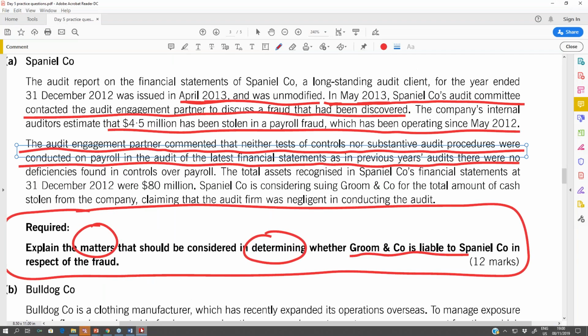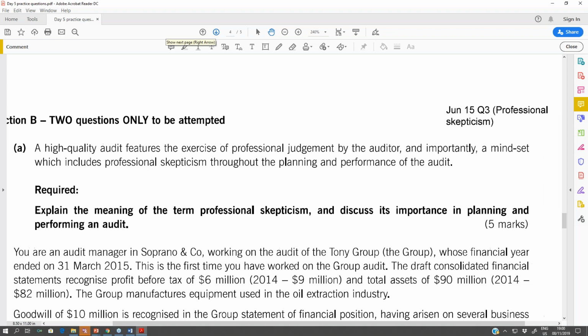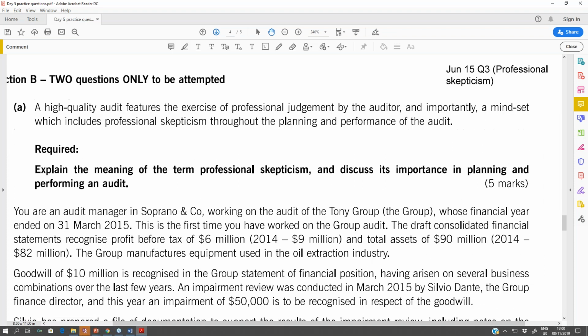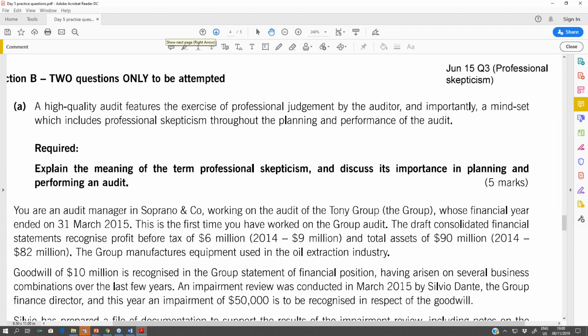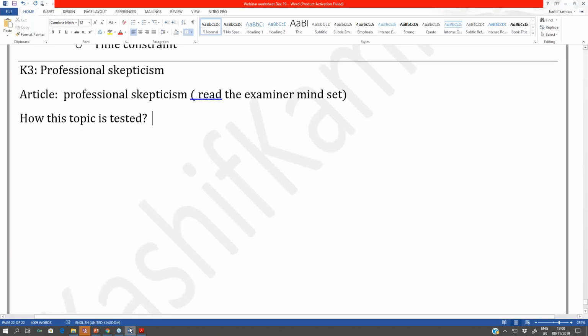If I take my past papers again, and you see this question in front of your screen, a very comprehensive question on professional skepticism, it will open your mindset. June 2015, question number 3, which is on professional skepticism. And this is a very good question to illustrate this topic.